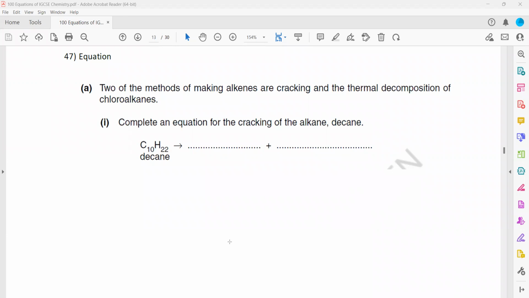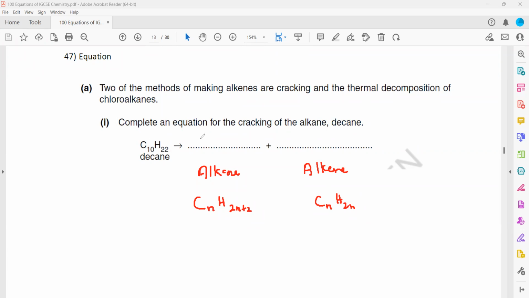Because it's cracking, what happens as a result? One product is an alkane, another is an alkene. If it's an alkane, the number of hydrogens is twice plus 2. If it's an alkene, the number of hydrogens is twice.